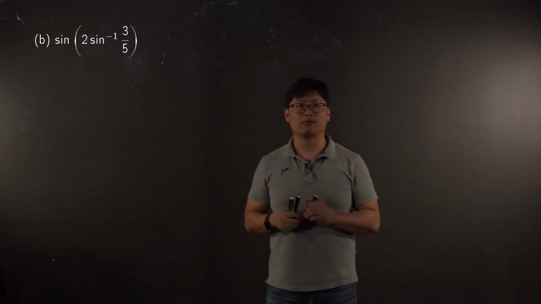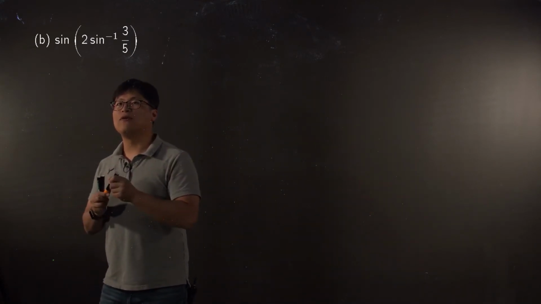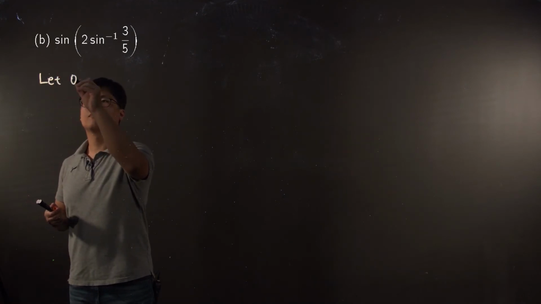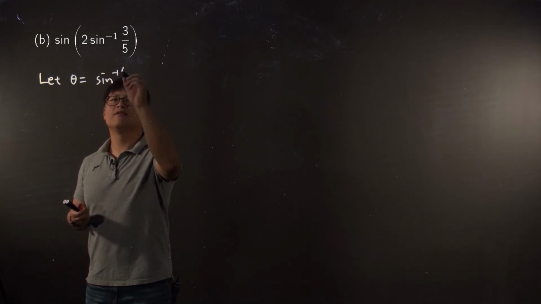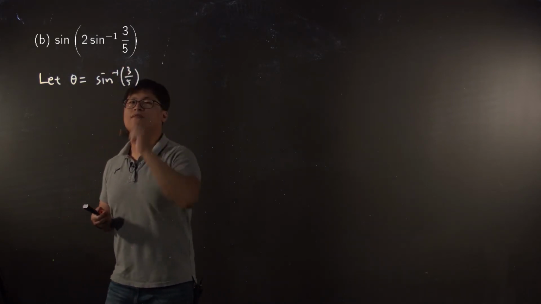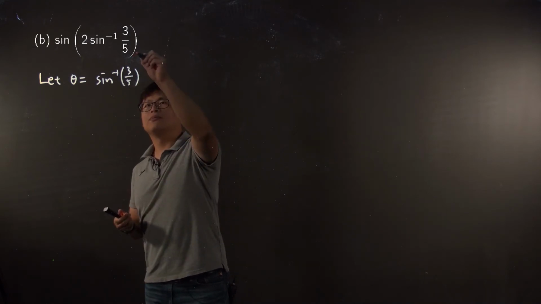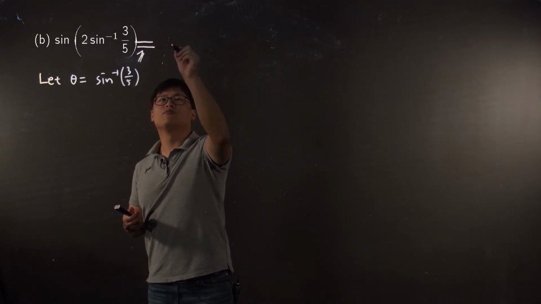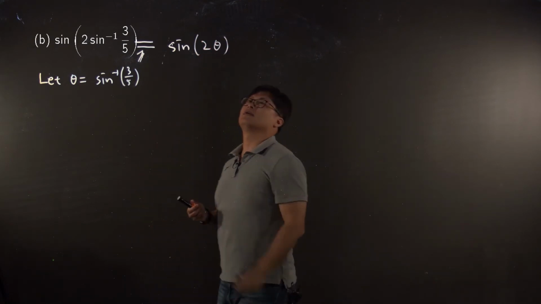That is tricky. But the first step is the same. We define a new variable theta, which is equal to sine inverse of 3/5. With the definition, we can change the problem this way. My original problem is transformed into sine of 2 theta.